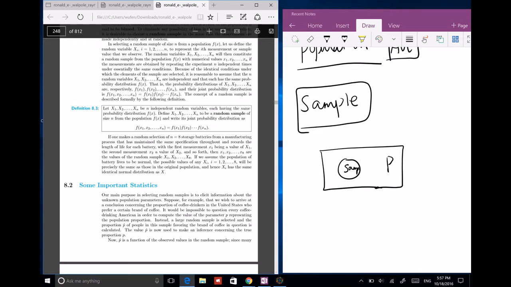Definition 3: let X1, X2, ..., Xn be independent random variables. The key word here is independent.